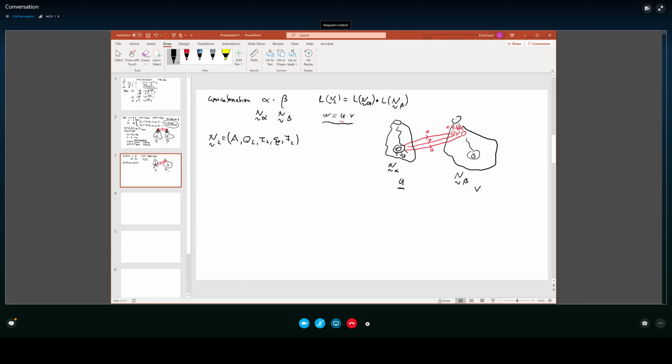And so it has to end up in a final state of the second automaton in order to be the concatenation of these two words.